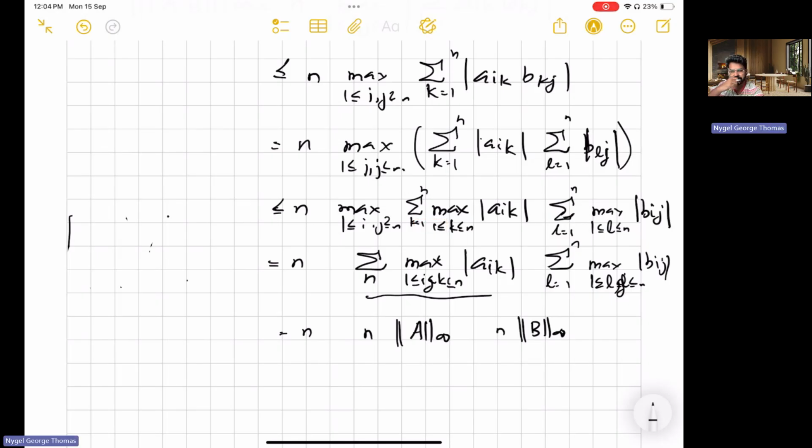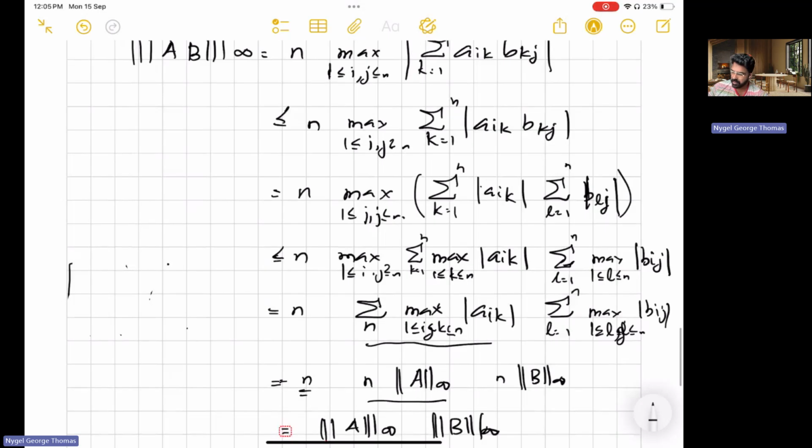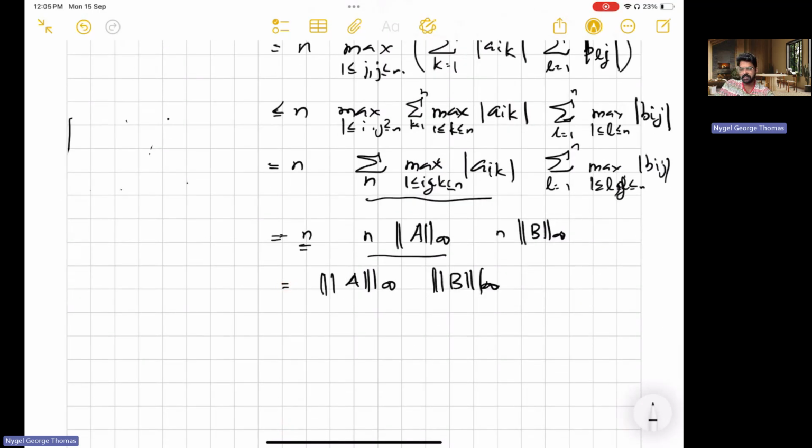Why am I getting this? Again, I'm not sure. There's an additional n which is some mistake which I have to solve. But this is basically the norm which we have. Yeah, there's some clarity required for this. We'll look into it in detail.